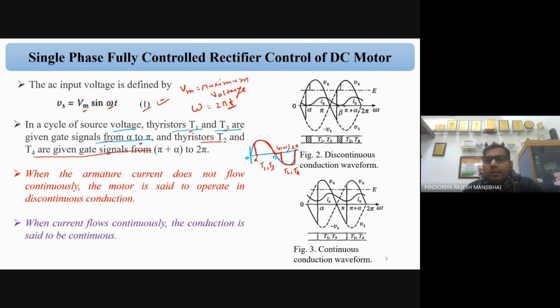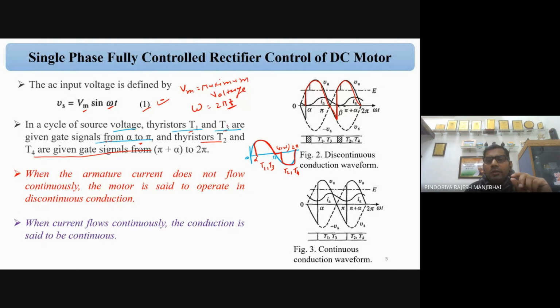Okay, so the same cycle is drawn here, here is alpha, alpha to pi. Okay, cycle completed, and the second one is pi plus alpha to 2 pi. Okay, so we have to operate the four switches, and the four switches are the thyristors.